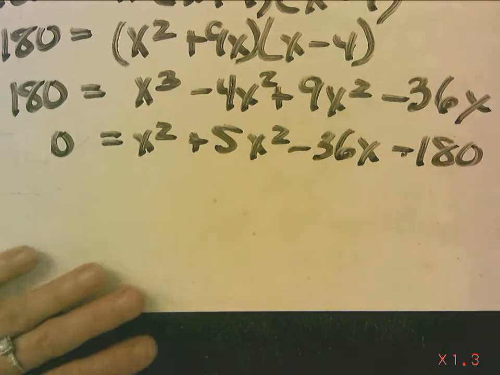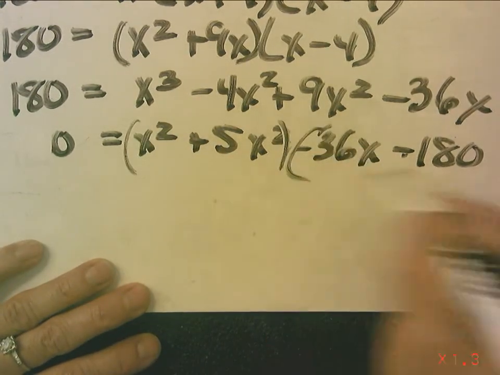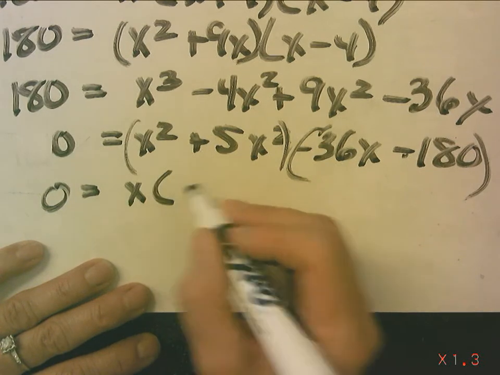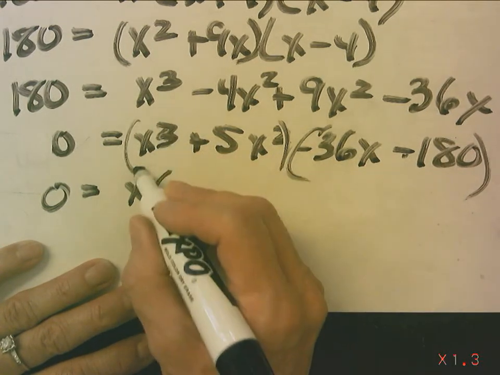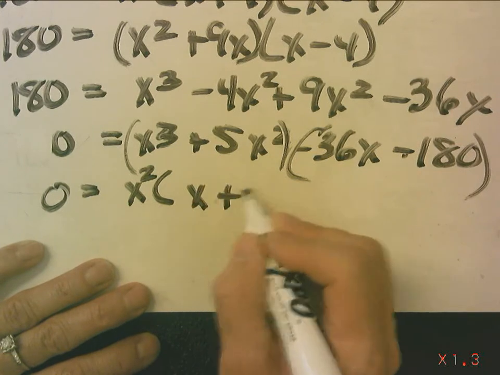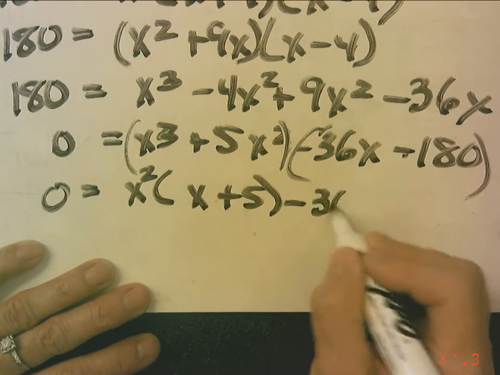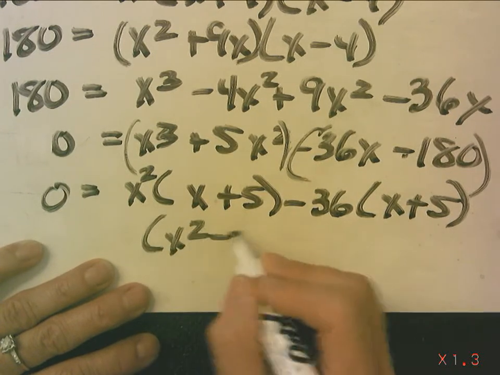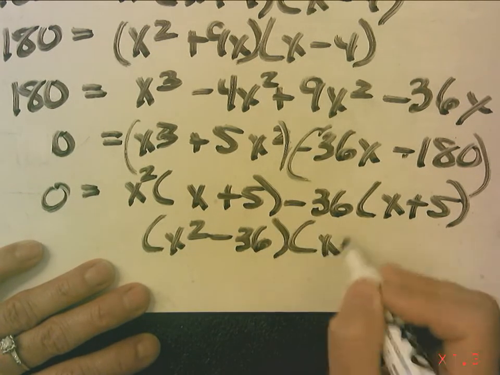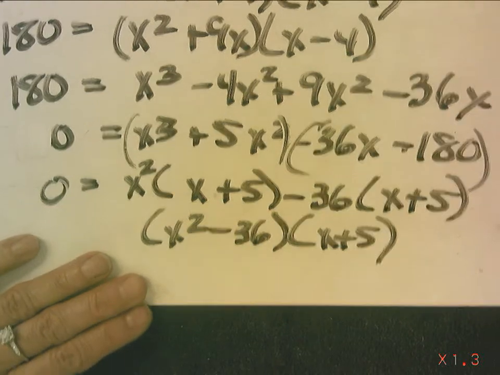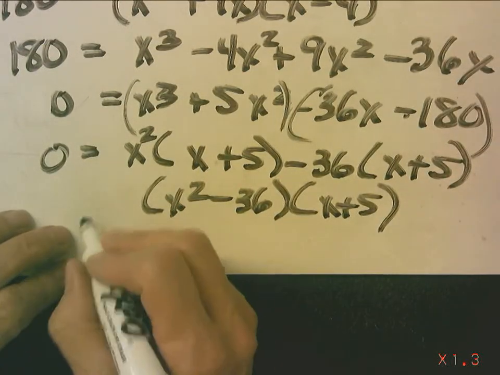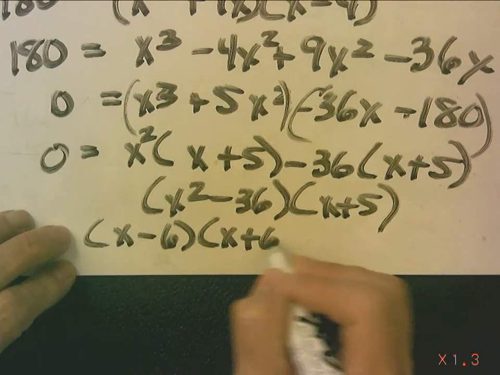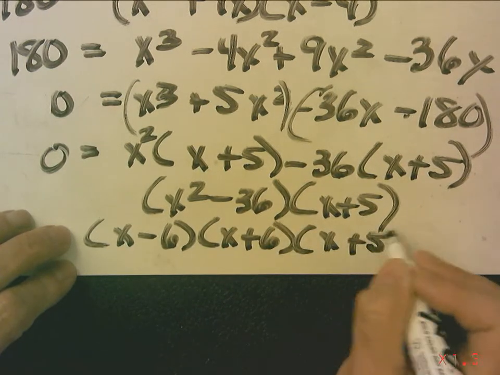Okay, now I'm going to factor by grouping. Take out an x. That's a cube, sorry. So I take out an x squared. I get x plus 5 minus 36, x plus 5. And I end up with x squared minus 36 times x plus 5. Am I done? I am not, because this is the difference of squares. So I get x minus 6, x plus 6, x plus 5.